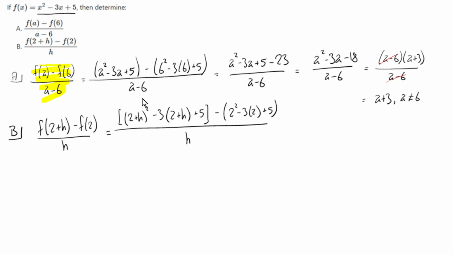We'll expand the left bracket and we evaluate the right bracket. So we're expanding this 2 plus h squared first. So it's going to be 4 plus 4h plus h squared. Multiply the negative 3 into the bracket using the distributive property. It's going to be negative 6 minus 3h plus 5.